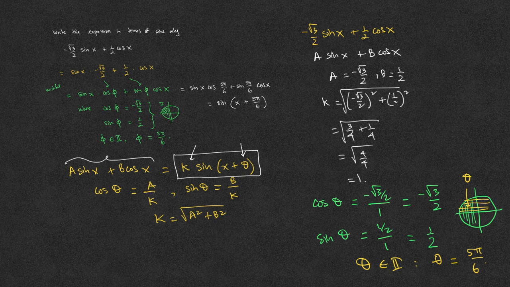And so if we were to rewrite the given expression, this is of the form k is 1, sine of x plus theta, where theta is 5 pi over 6. We end up with the same answer we got before, but at least we didn't have to have wishful thinking. We know the procedure. We can find k and theta this way.